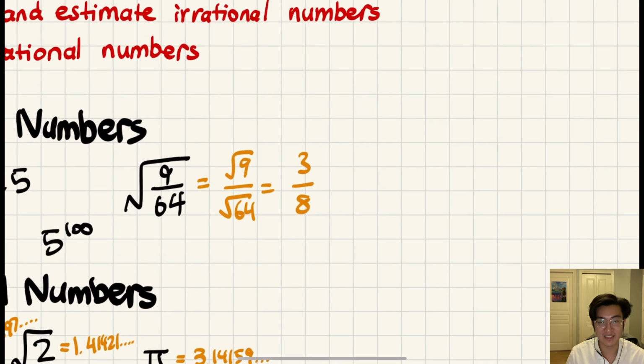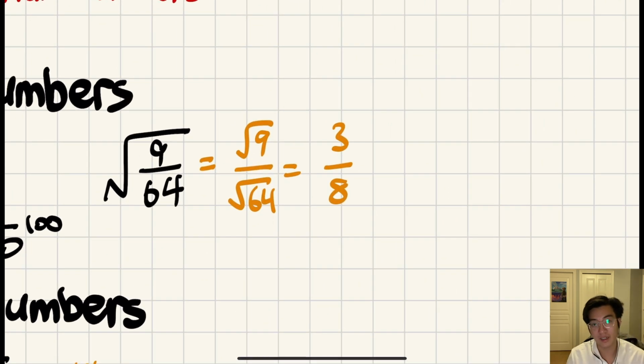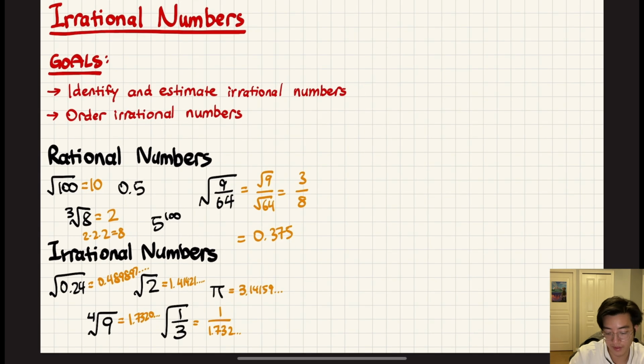Even the 3 over 8, if we convert that into a decimal using a calculator, gets us 0.375. So the key difference is that irrational numbers have an infinite decimal; it does not end. Whereas rational numbers have a decimal that just stops at one point, or it repeats in a specific pattern.